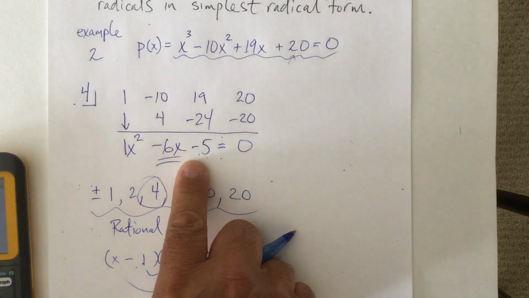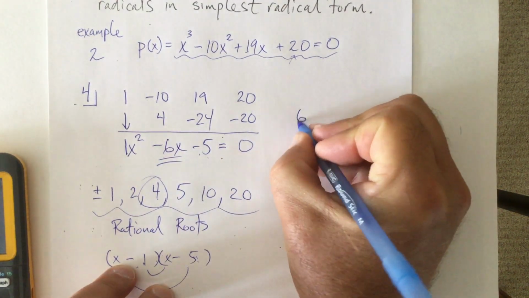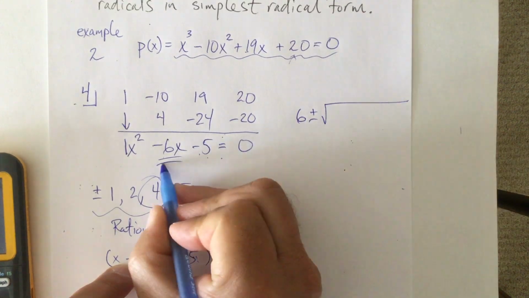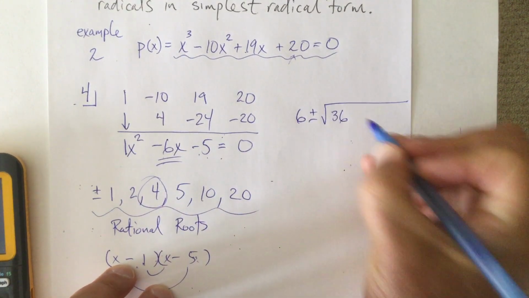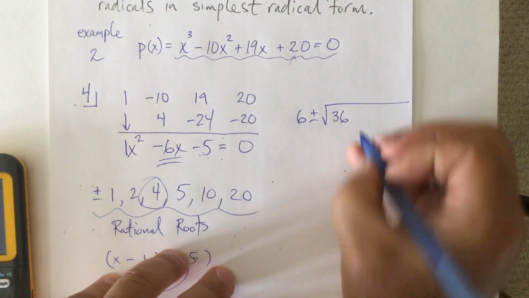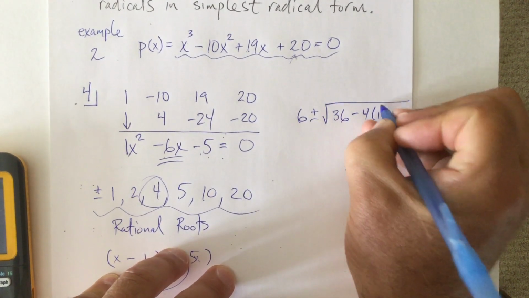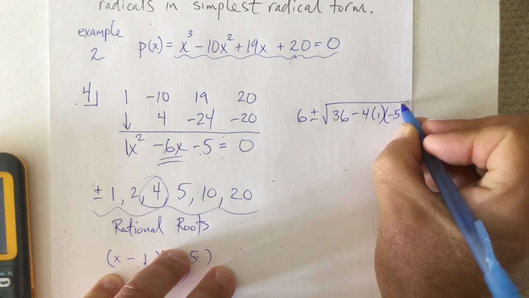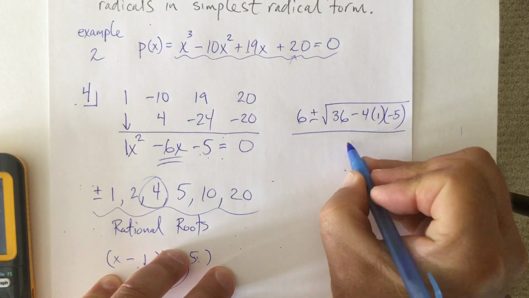So I'm going to say -b plus or minus the square root of b squared, so -6 squared is 36, minus 4 times a times c, all over 2a.